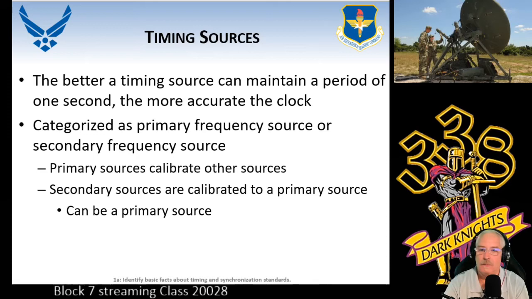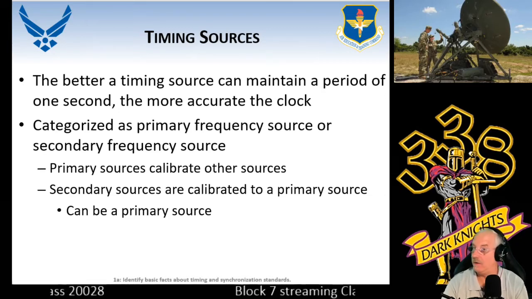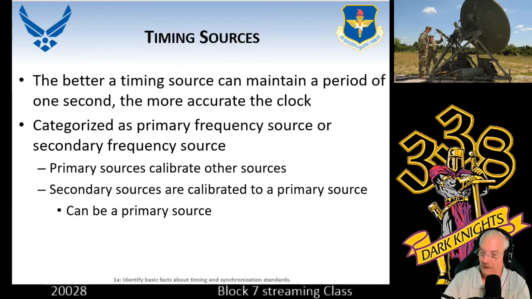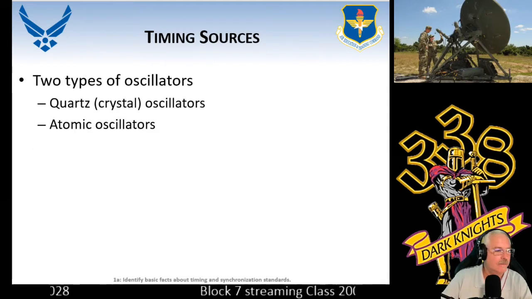What does that mean? It means my clock is the primary source, your clock is the secondary source. So that's the way UTC works: everybody references UTC as the primary source, and the secondary source is where they're at. So that'll give you an idea how this works.